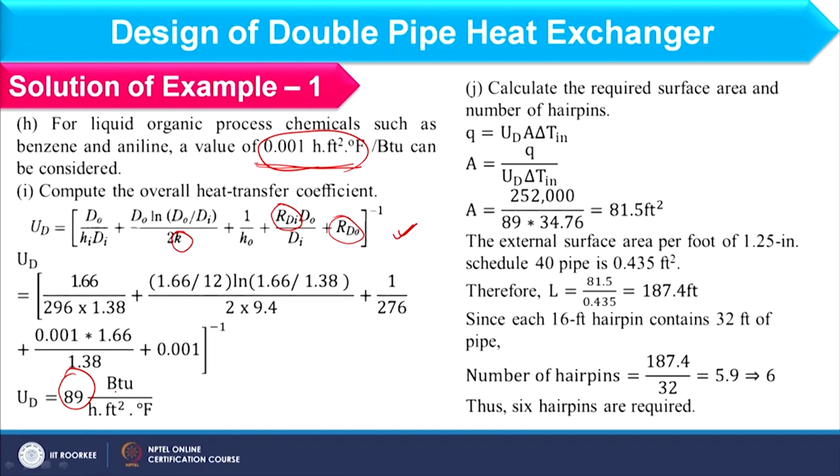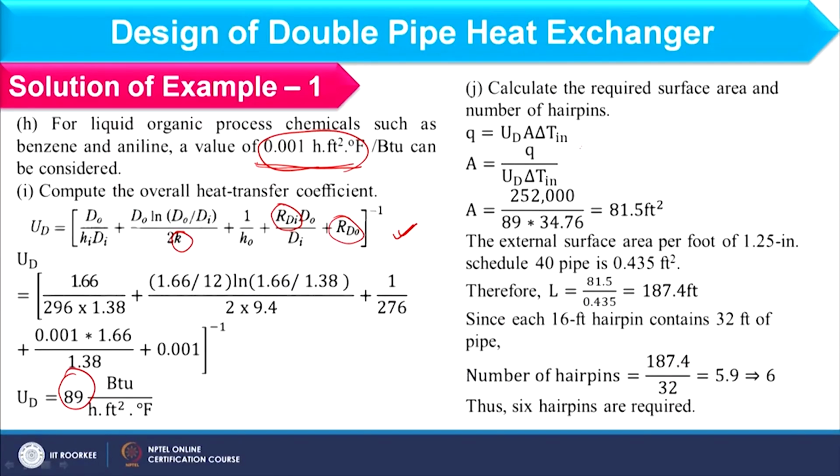So, here you have calculated the overall heat transfer coefficient, and next, we already have the heat duty, the overall heat transfer coefficient, and the LMTD. So, what we have to calculate next is the heat transfer area.